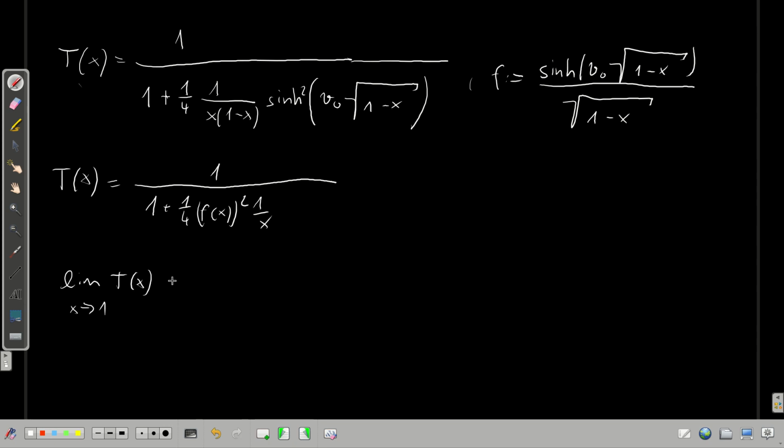So this is what we are interested in, and therefore we first calculate the limit of f of x when x approaches 1.